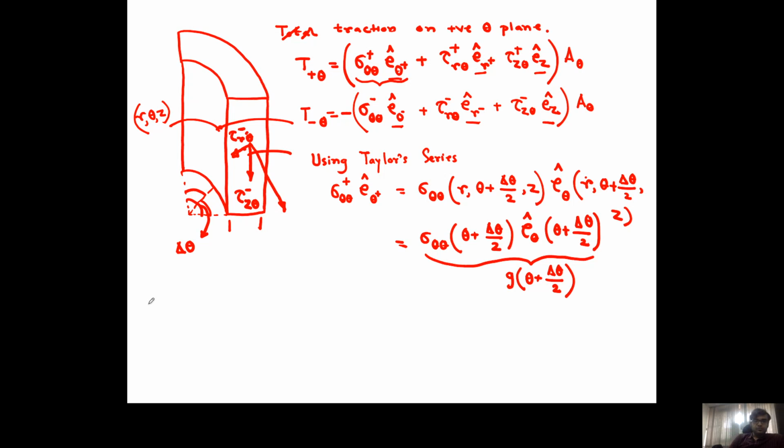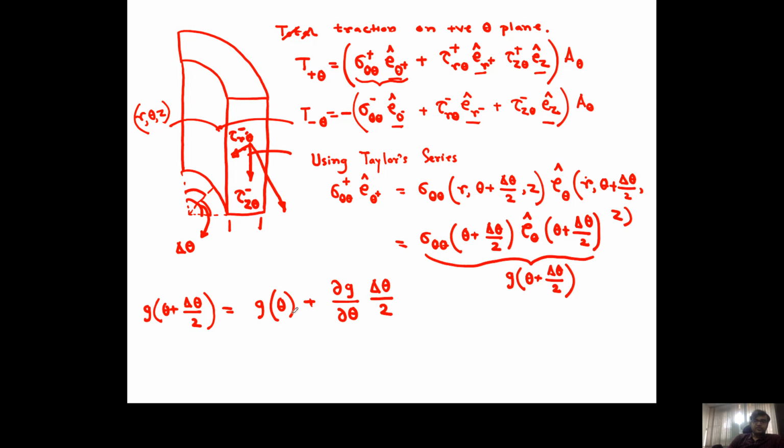And now we can use the Taylor series expansion. So g of theta plus delta theta by 2 is nothing but g of theta plus del g by del theta times delta theta by 2.